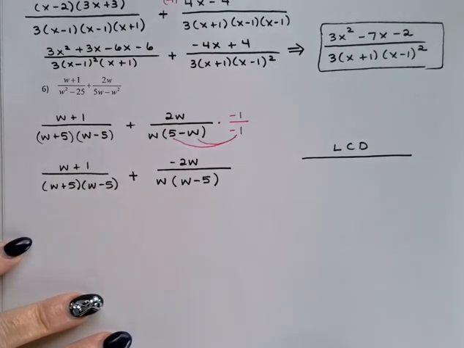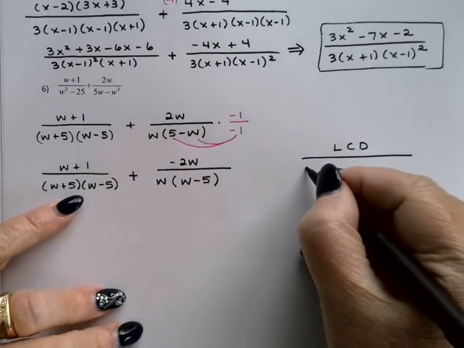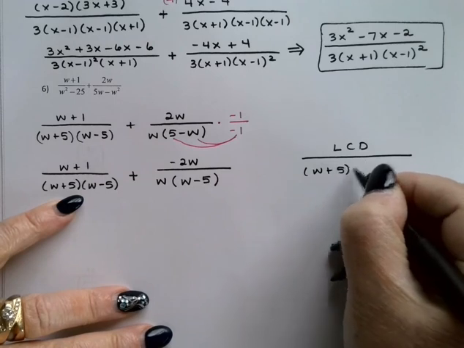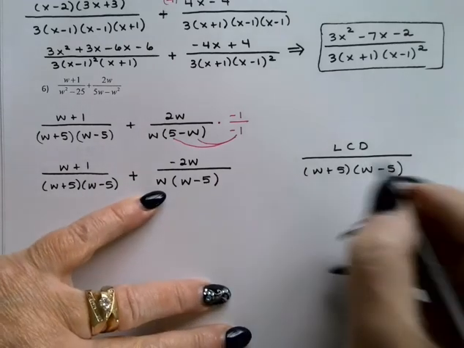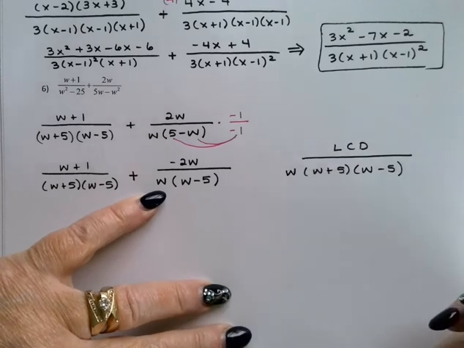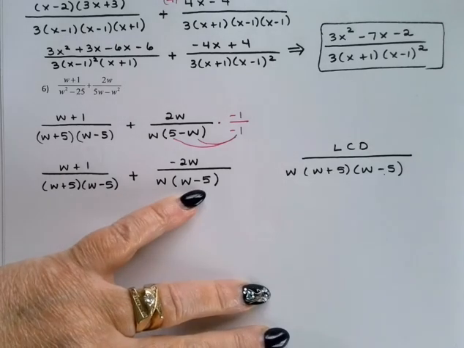So speaking of the lowest common denominator, my first denominator, W plus 5, W minus 5. And then in my second denominator, I need that W, but the W minus 5 is already there, so I don't need it again.